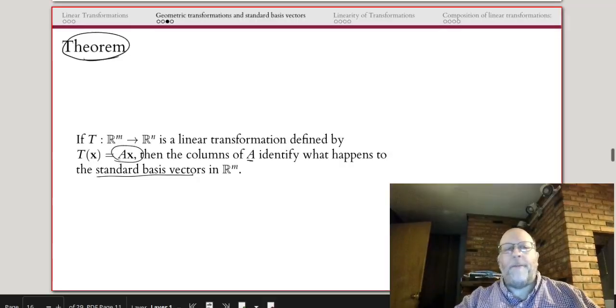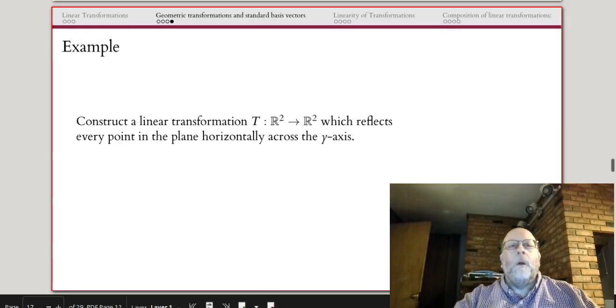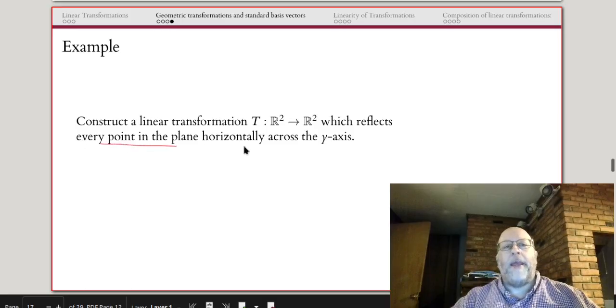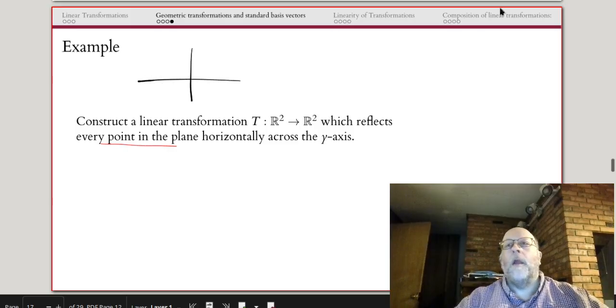Let's do another example. We're going to construct a linear transformation that reflects every point in the plane horizontally across the y-axis. All right? So we're going to start with the two standard vectors.